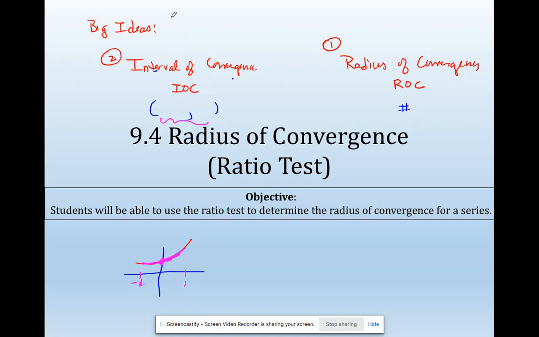The interval of convergence is the values of x that you can substitute in to your power series to create a convergent numeric series. And again, you don't know why, but convergent numeric series is the pot of gold at the end of the rainbow. That's what we want. Convergent numeric series.